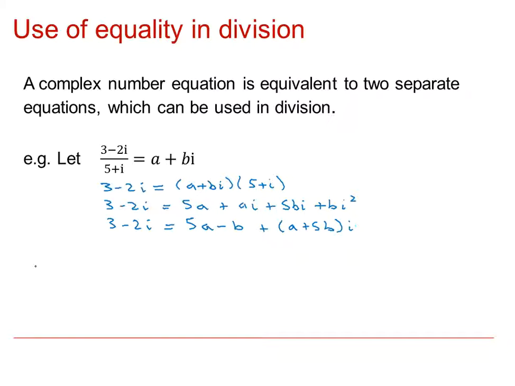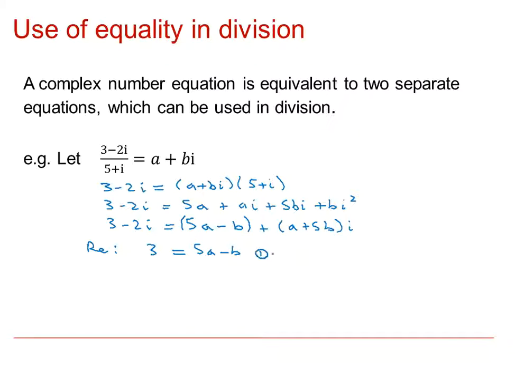So now we have the real part, which I'll put a bracket round to make it stand out, and the imaginary part. So if we look at the real parts first, we have a 3 on the left hand side, we have 5a minus b on the right hand side, and due to the equality of these complex numbers, the real parts must match.